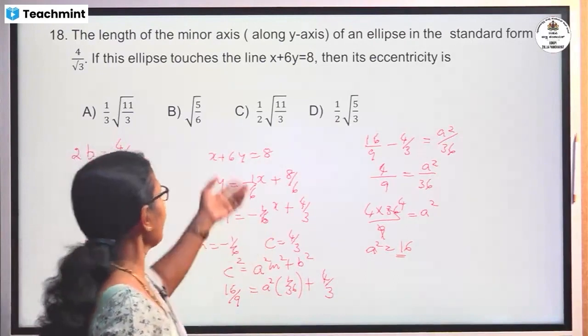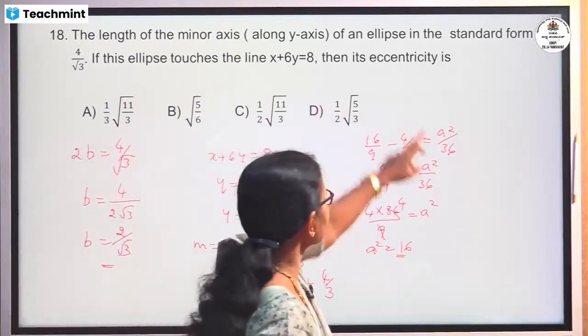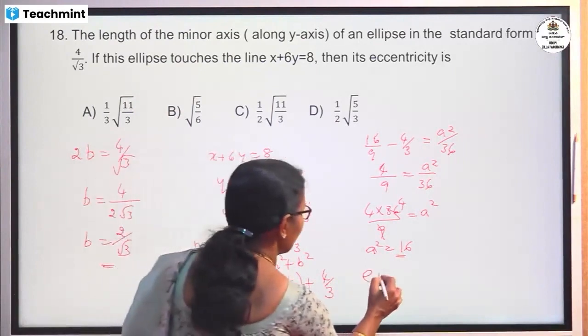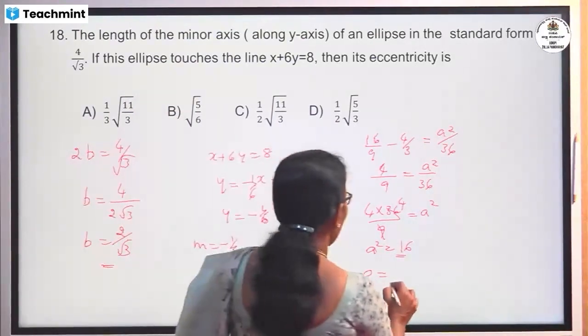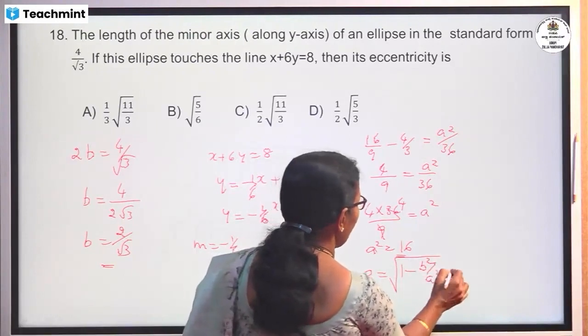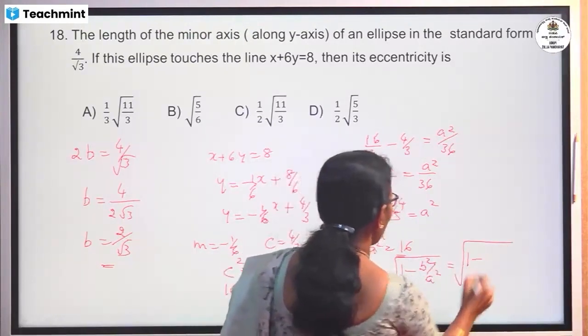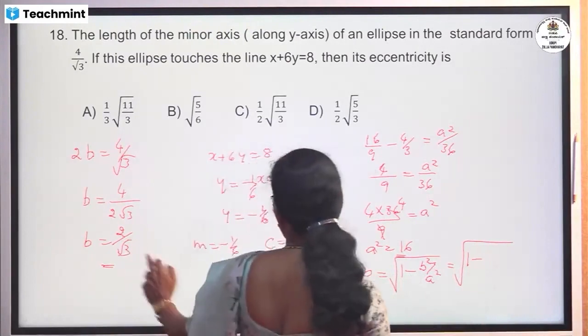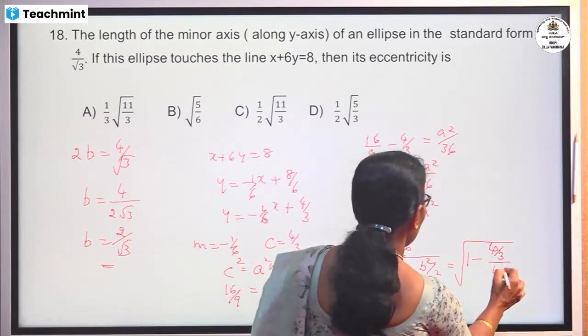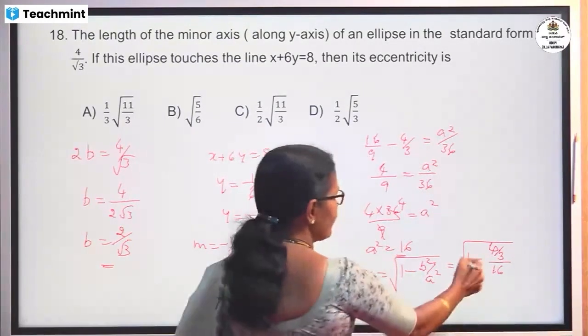Now we require the eccentricity. E is equal to square root of 1 minus b square by a square. B square means 4 by 3 divided by 16. Now take LCM.